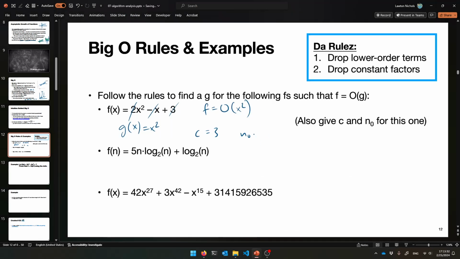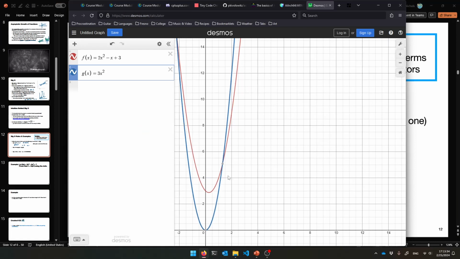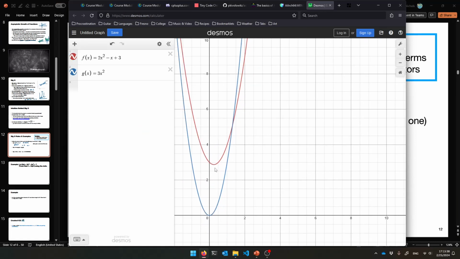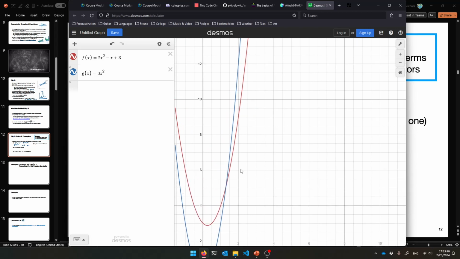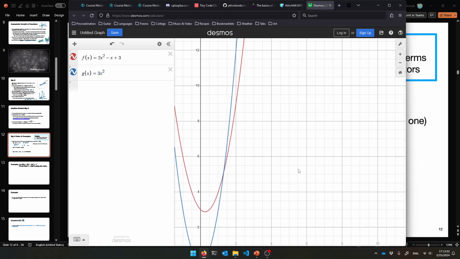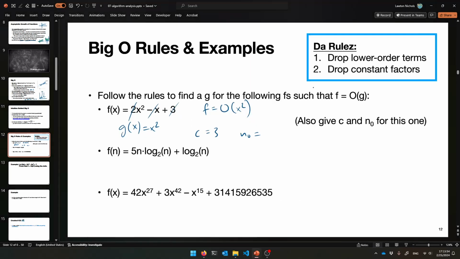And then what can our n naught be? It's okay if f, the red function, is bigger for a while when x is small. But you see, after a certain point, our constant times g is always bigger. Apparently x equals 1.3 is where they intersect. So we can pick our n naught to be 2, because it's supposed to be an integer.